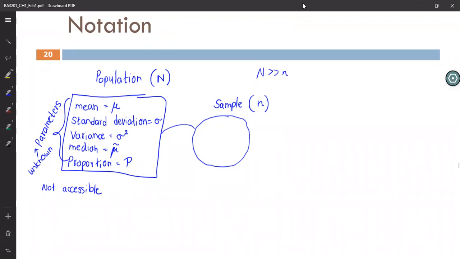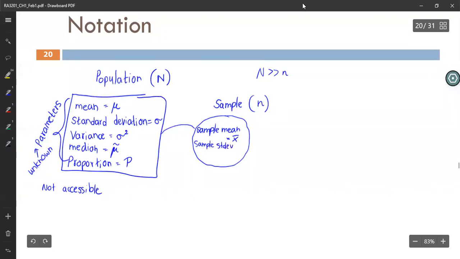The average that you calculate using the sample, you call the sample mean. We denote it as X bar. Now you can have the sample standard deviation, which is S, capital S. Then the sample variance we denote as S square.